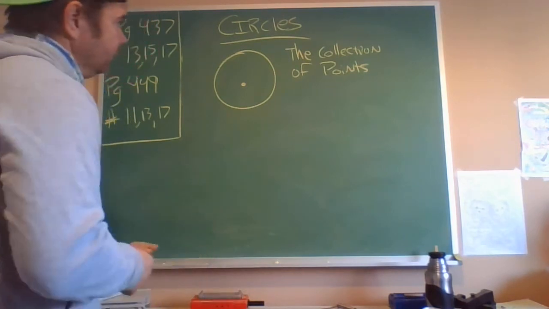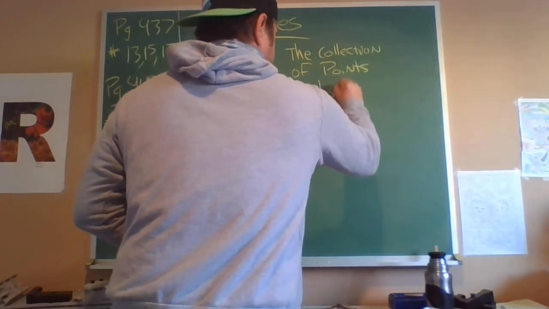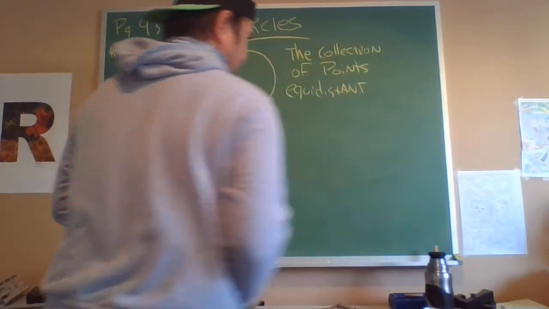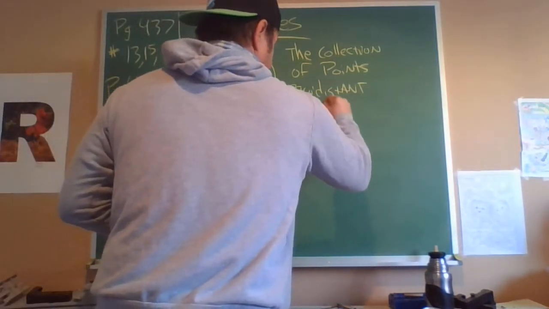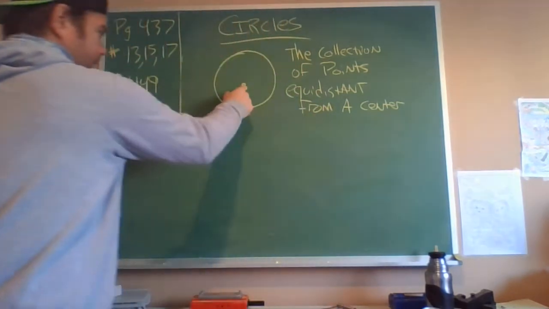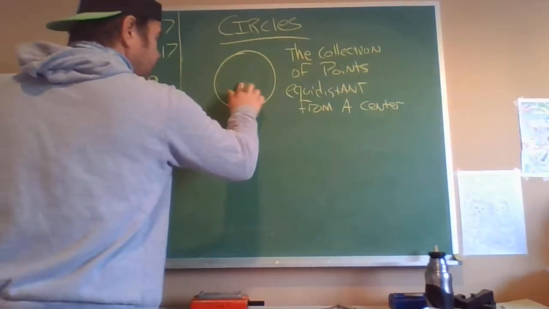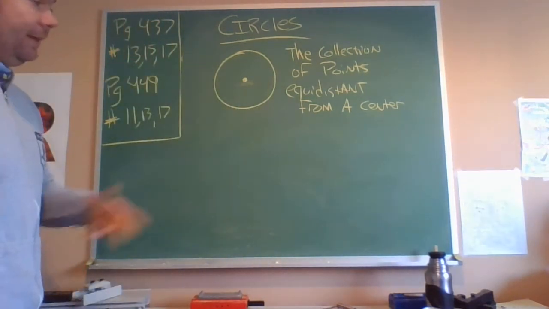Bear with me. It's the collection of points equidistant, meaning the same distance, from a center, right? Which in this case, the center would be, well, more like this. Okay, so that's what a circle is.